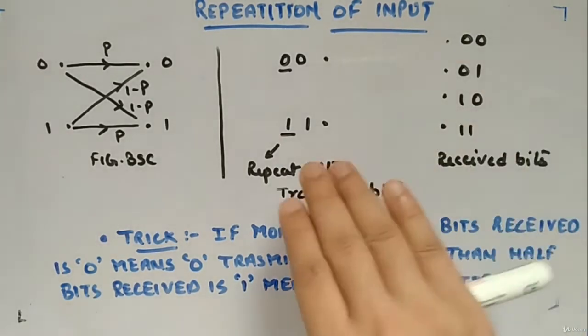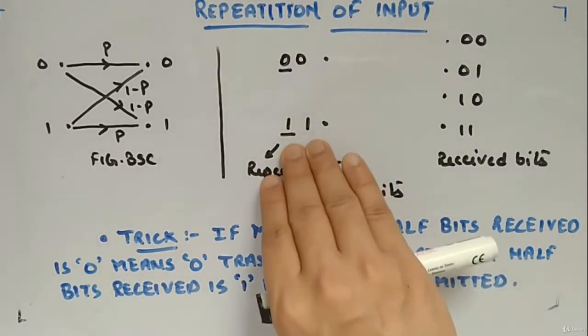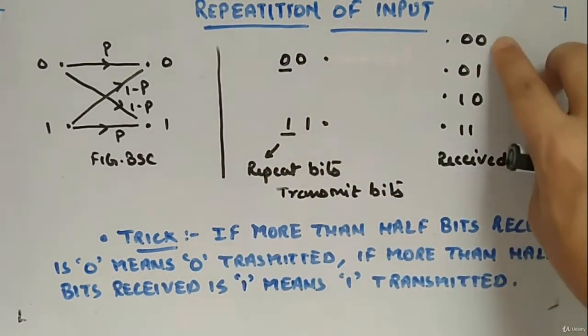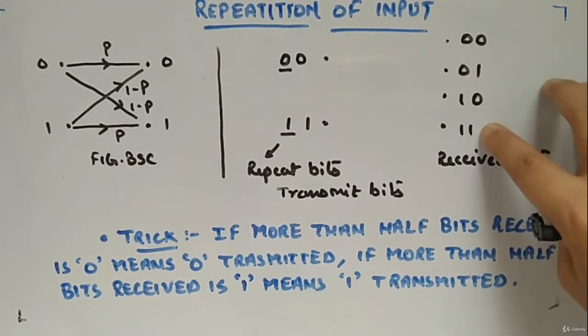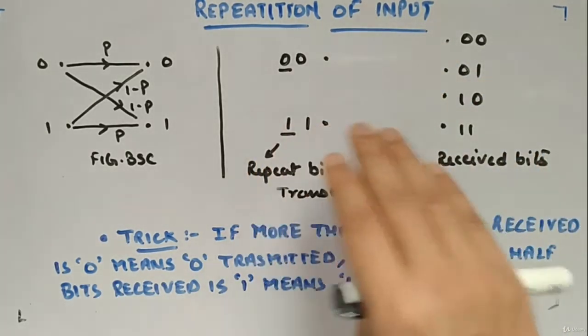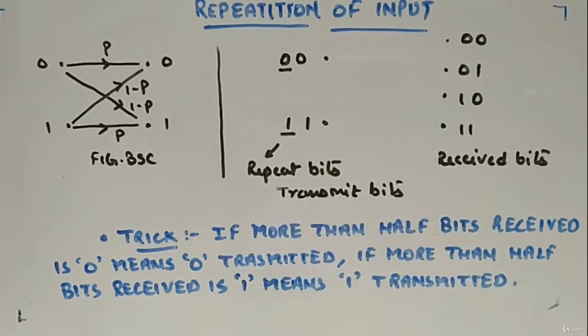Now this is the transmitter side, 0 0, or you can send 1 1. On the receiver side you will receive either 0 0, 0 1, 1 0, or 1 1. Why? Because the channel can cause error, and error can occur in any of the bits.